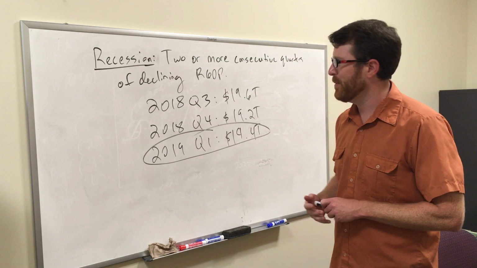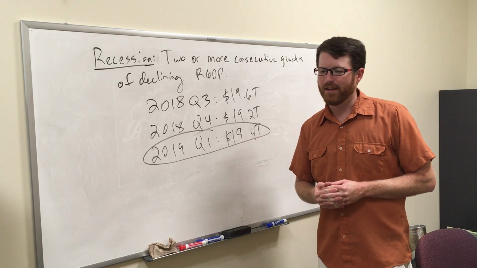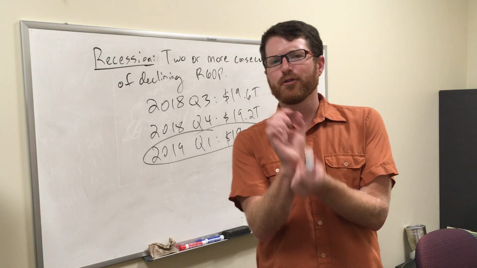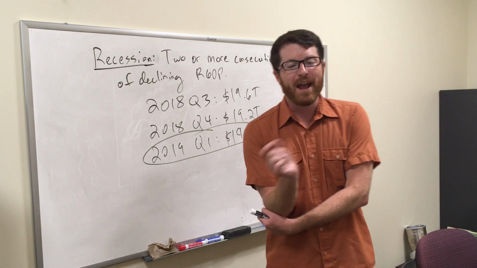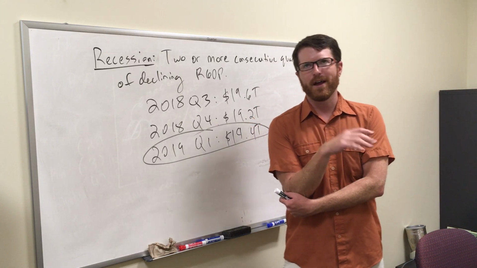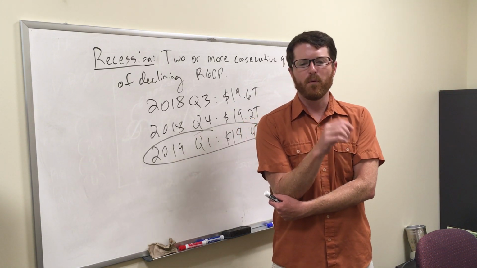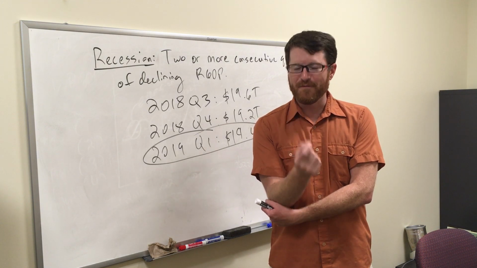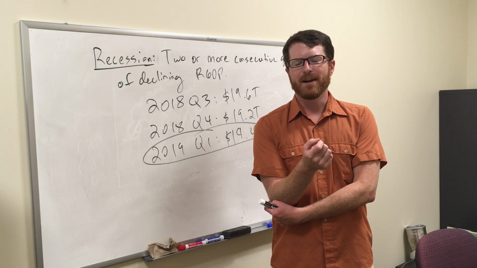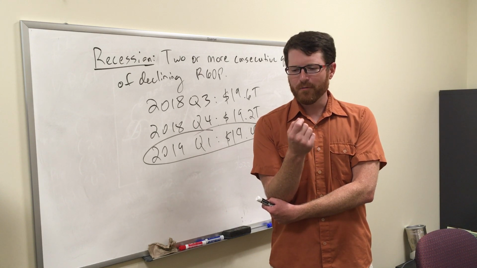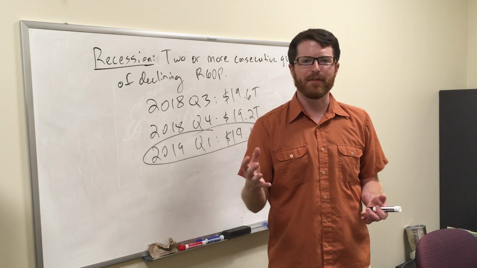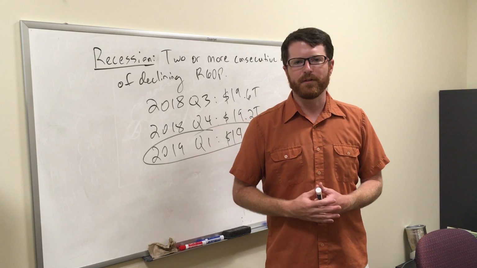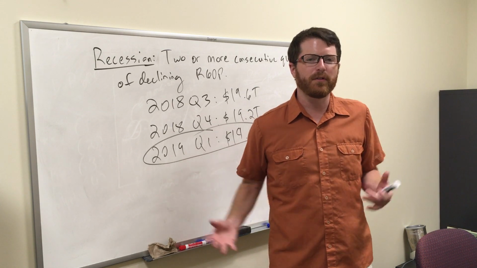I get frustrated when I hear people arguing about recessions, and you guys, the age group you're in right now is interesting. We haven't had a recession for a while now, back since 2009, 2010. But when we have recessions, people talk about it a lot. It becomes a very common discussion topic. So what you'll hear next time we have a recession is we'll get out of it and people will say, no, I think we're still in a recession. It's hard to find work. We're still in a recession.